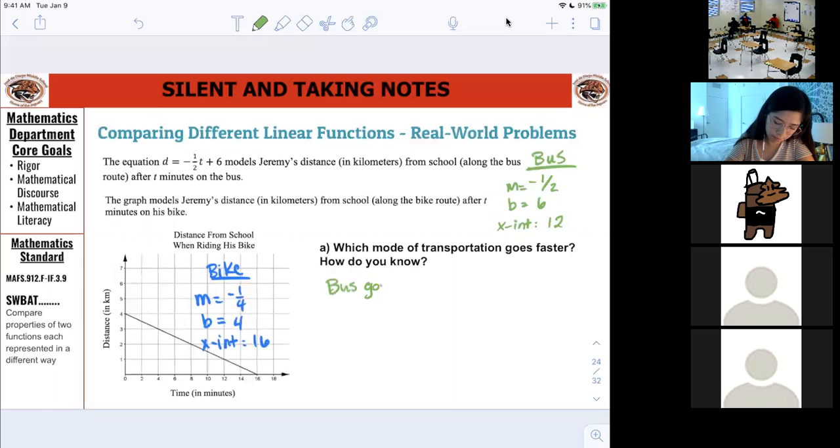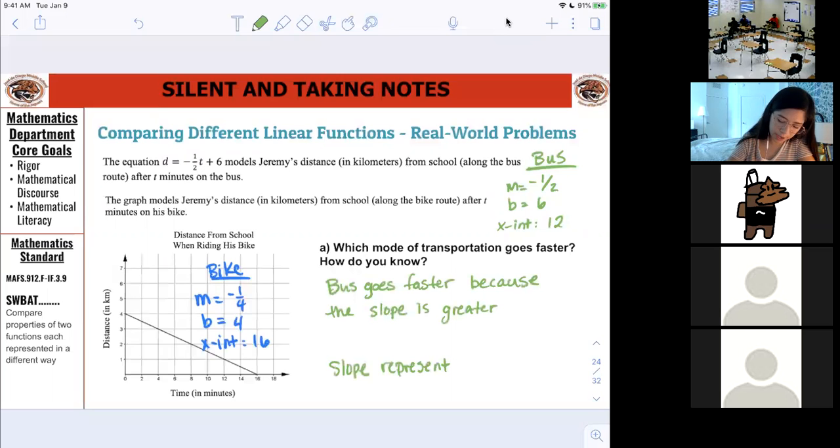Because the m is bigger, the slope is greater. Don't forget, what does slope mean? Remember what I said at the bell ringer: if you have time and distance, the slope represents the speed.